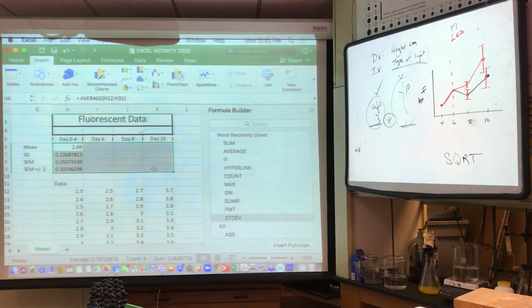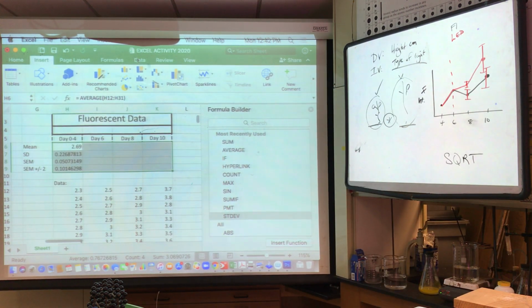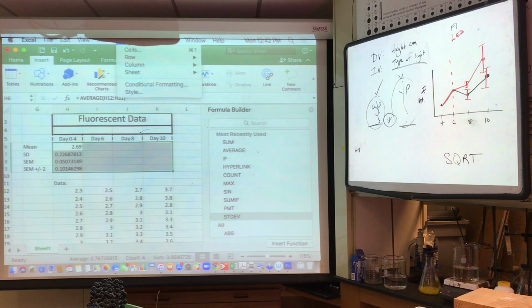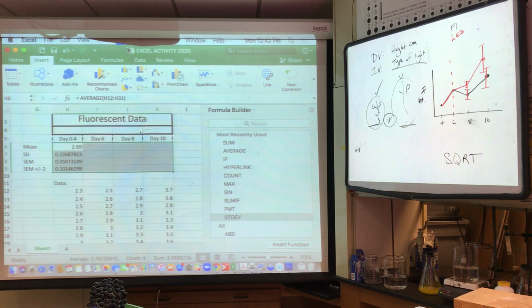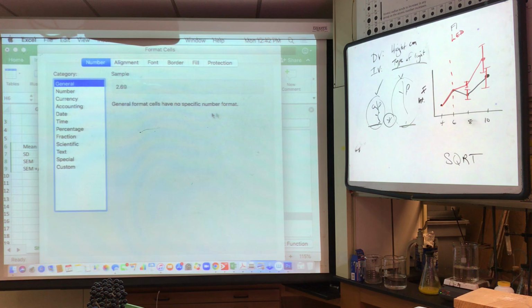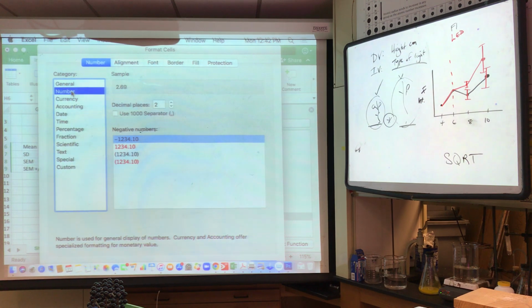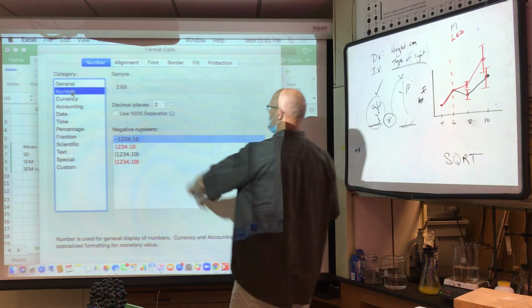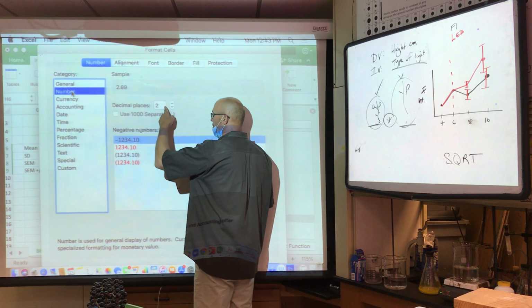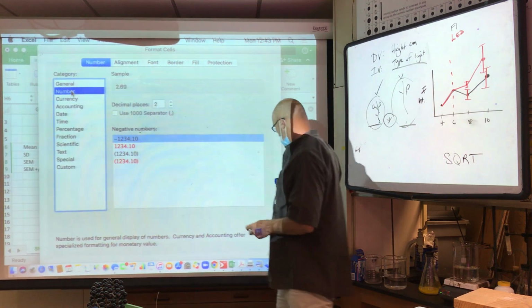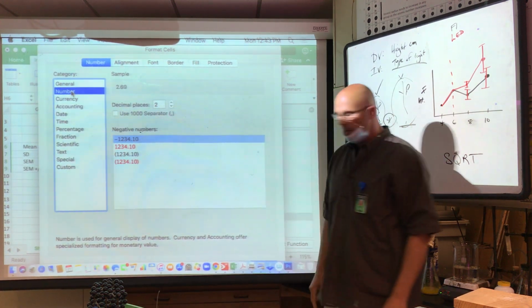I go to Format, Cells, and I'm going to go to Number. By default, they show us 2 decimal places. If I wanted more, I'd have it there, but 2 is good enough. And then I hit wherever it might be, OK or done.